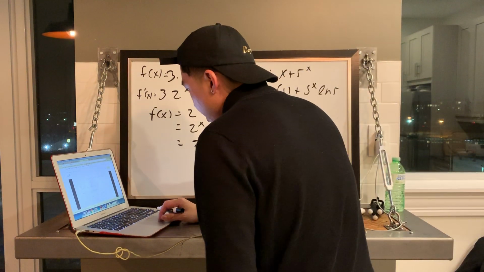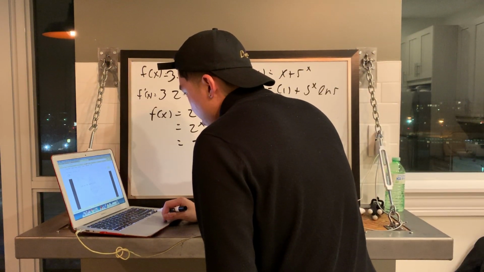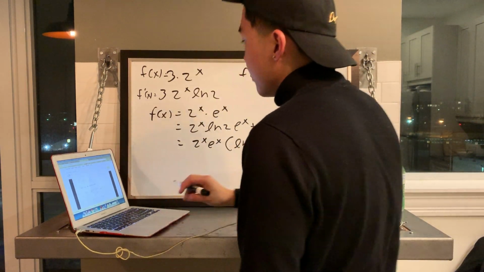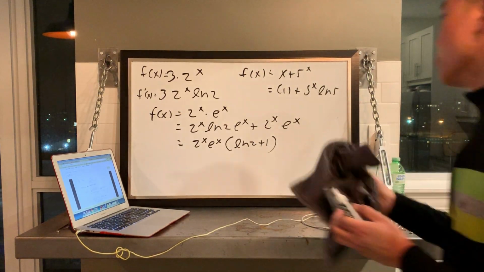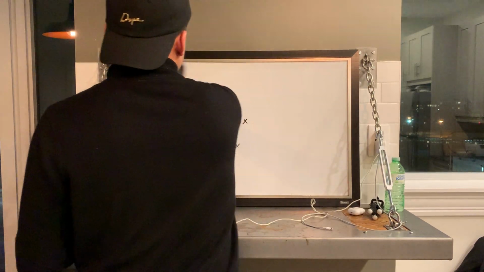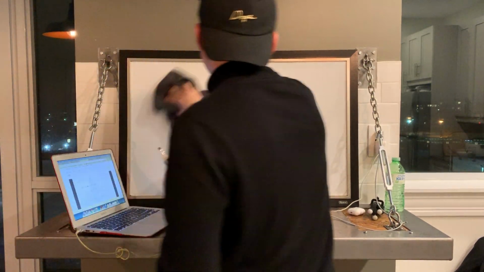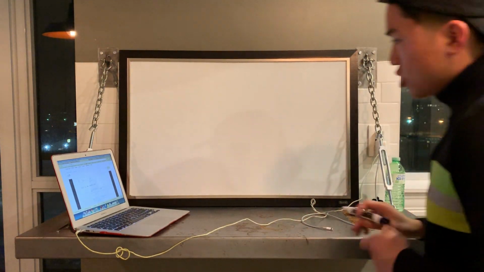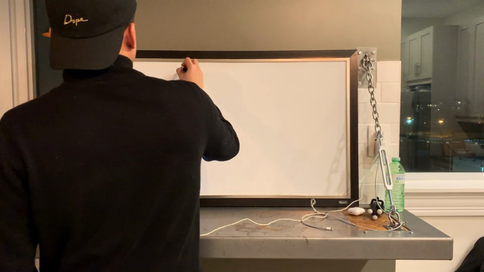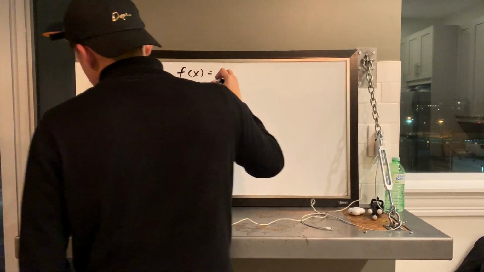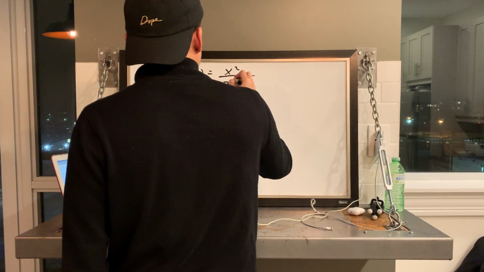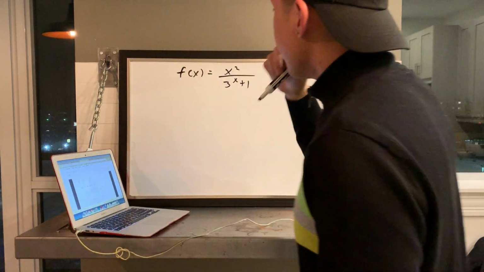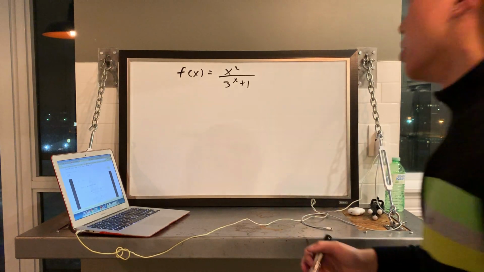So then, what if I had this beast right here, mixing in the quotient rule for you guys? Let's get it. F of x equals. So what happens is I just do low d high minus high d low all over low squared.